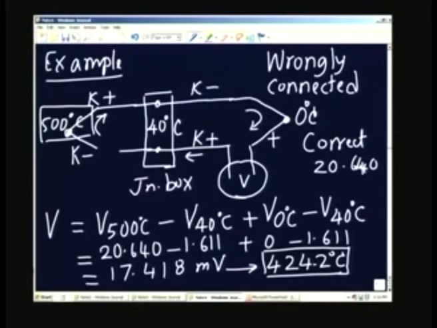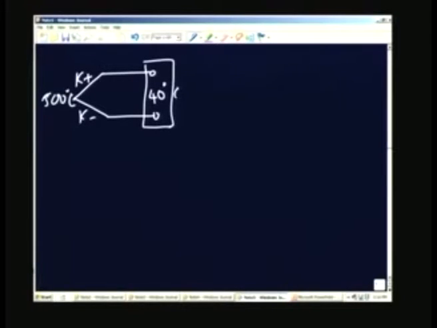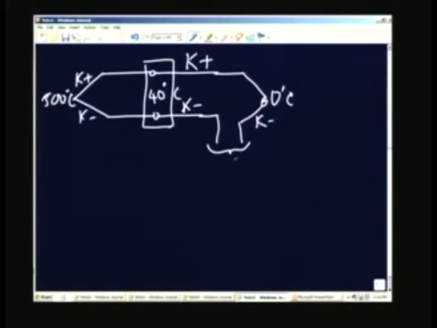So, if I were to connect it properly, I should do like this. This is K plus, this is K minus, this is at 500 degrees Celsius, and this is the junction box which may be at 40 degrees. I am going to come K plus here, and this goes to 0 degrees ice point, and this is K minus, this is also K minus. I will be measuring the voltage here. This is the correct arrangement.